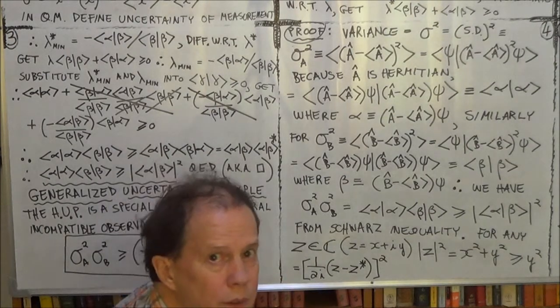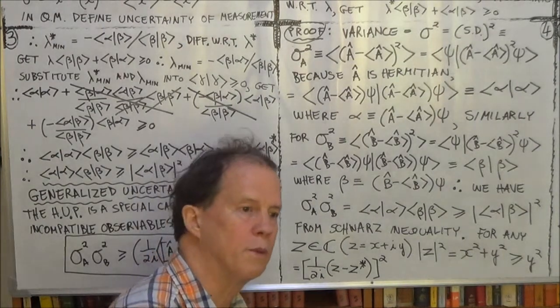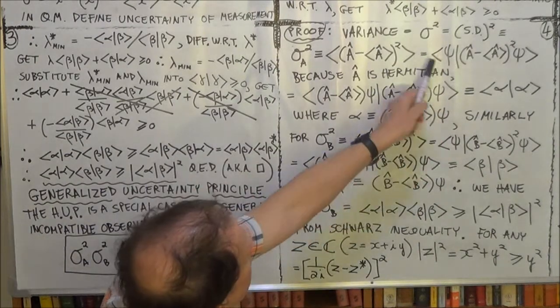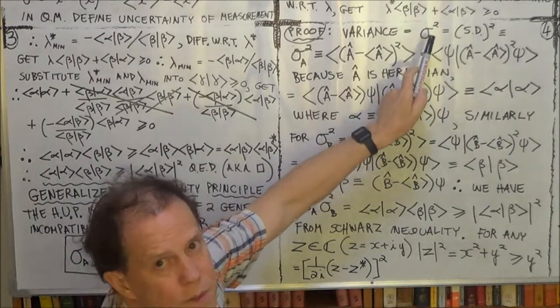We're talking about the product of the two variances of observable A and observable B. So remember, variance is the square of the standard deviation, or sigma.